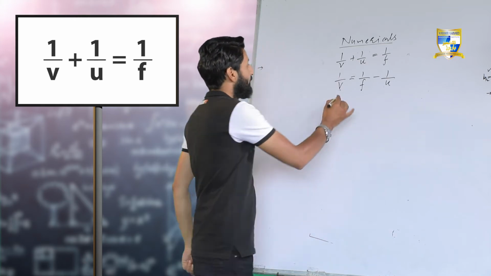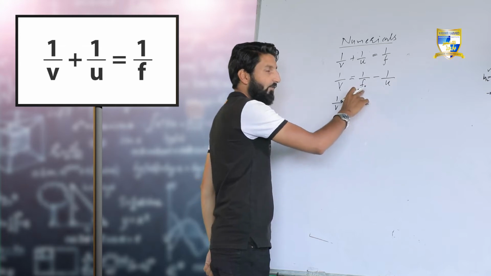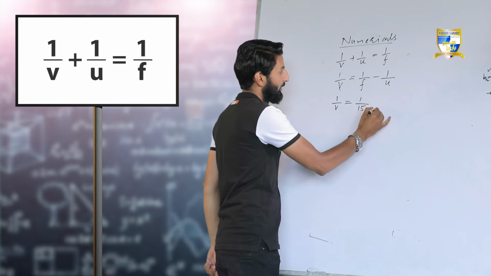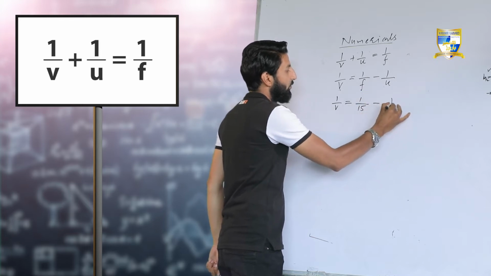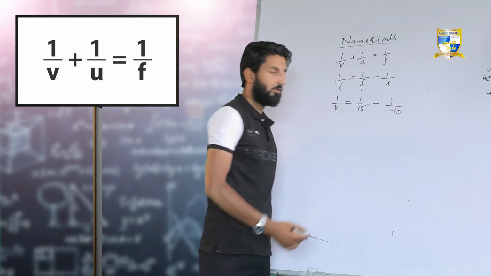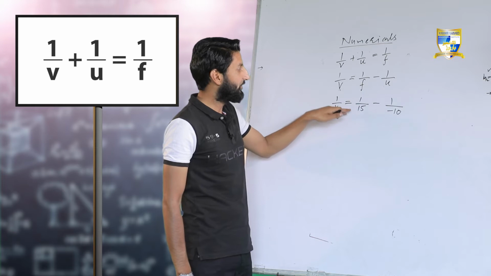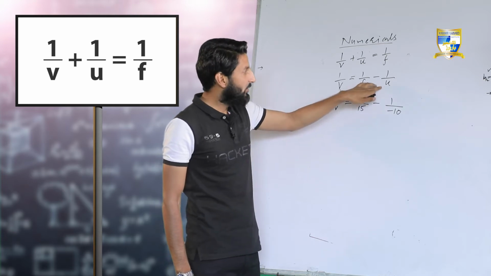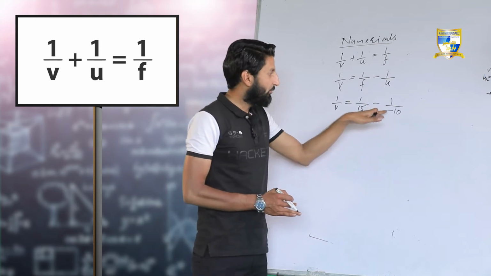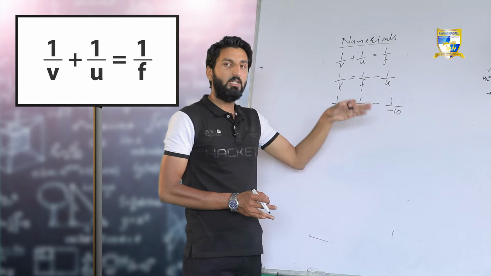Now I would put the values. 1 by V is equal to 1 by F, F is given to be 15 centimeter, minus 1 by U, minus 10 centimeter, isn't it? U, the object distance, is minus 10 centimeter, and we put a sign of negative before it as per sign conventions.